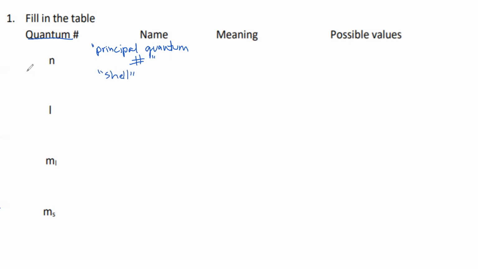Remember earlier in chapter 12 when we were talking about ejecting electrons, we did n equal to 1 jumping up to n equal to 2. We were talking about n, so it's like the shell. It tells us about the size and the energy of the orbital.